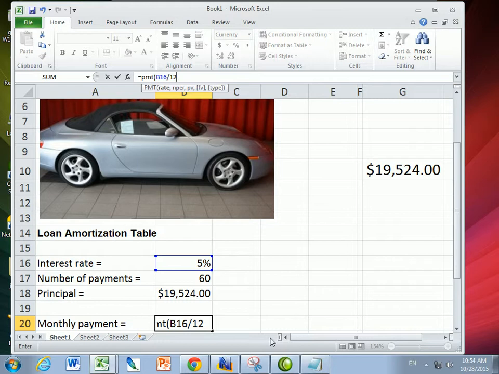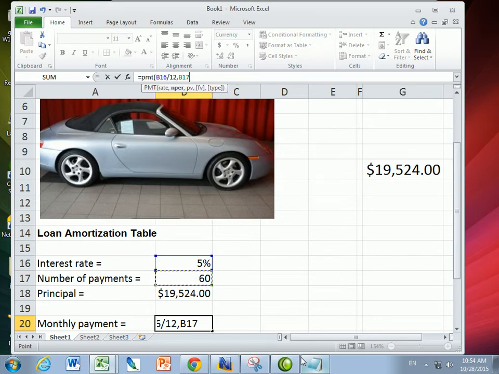Okay, the next thing I'm going to do is put a comma. And now I need to know what the number of payments is going to be. And so my term is this cell here, which I said was 60 payments. So I'll click on B17, or I could write in 60.